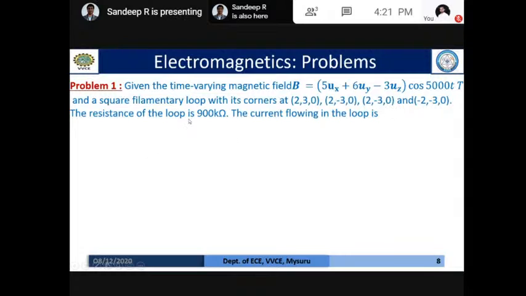The resistance of the loop is 900 kilo ohms. You have to find the current flowing in the loop.